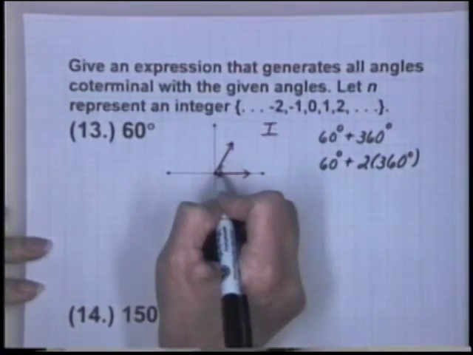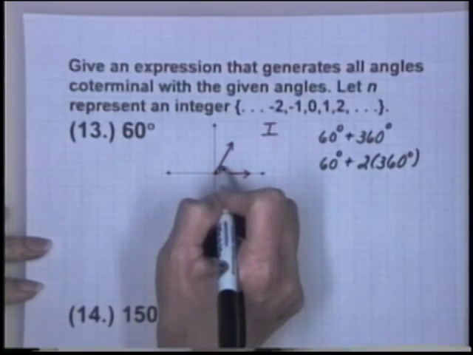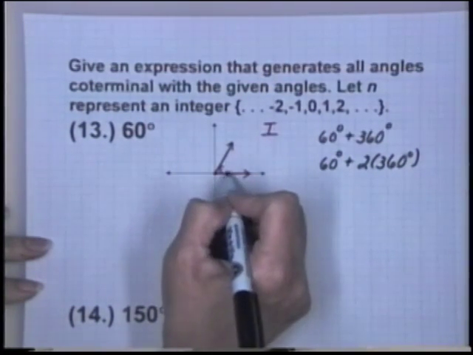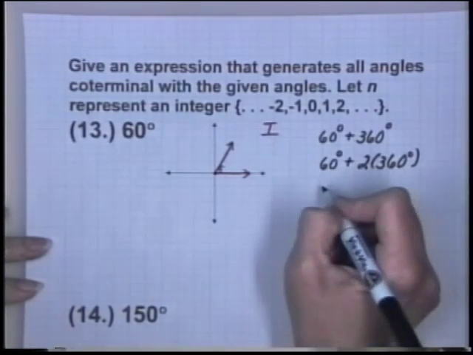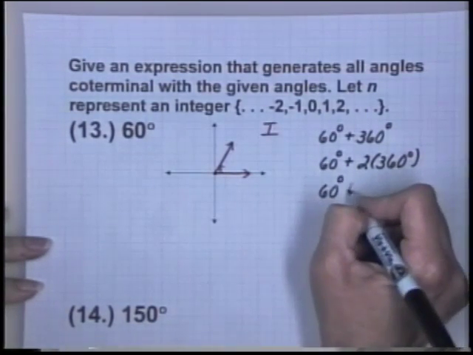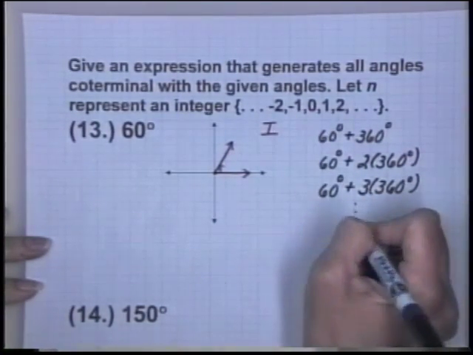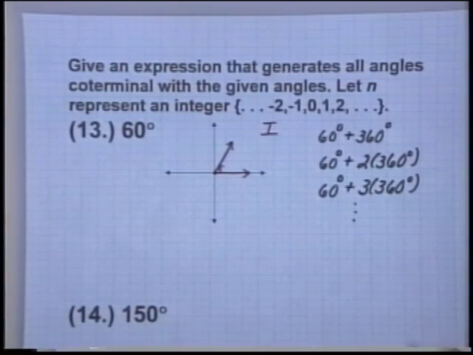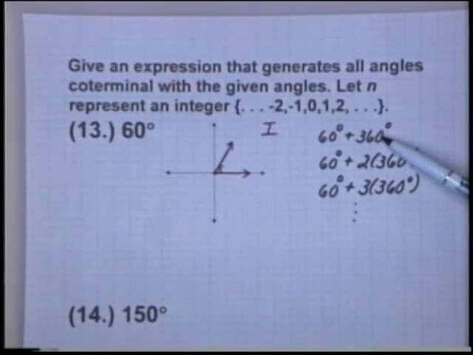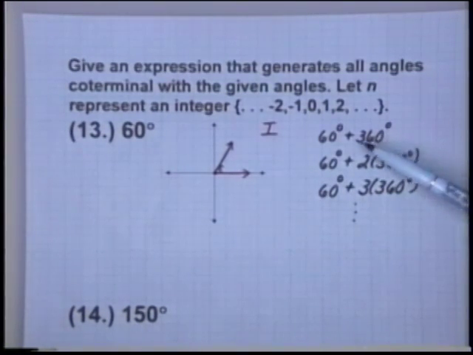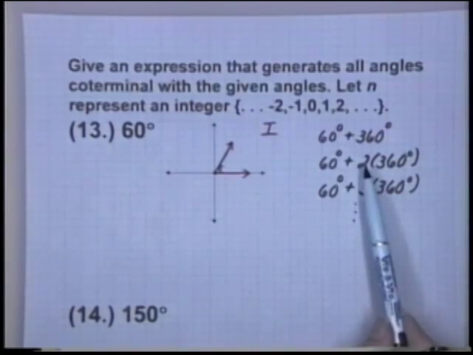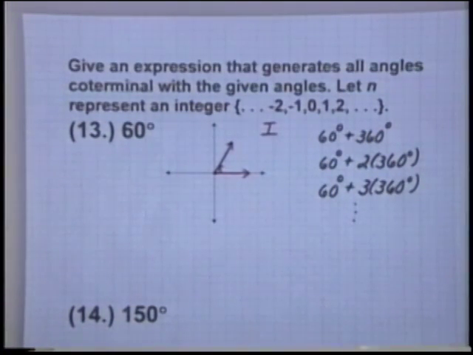And if we wanted another one, we could rotate that initial side once, twice, 3 times, and then 60 degrees, which would be 60 degrees plus 3 times 360 degrees, and we could keep on, and I think you can probably see what the pattern is here. One way to find coterminal angles is to add what we call multiples of 360 to our original angle. This would be 1 times 360, 2 times 360, 3 times 360.